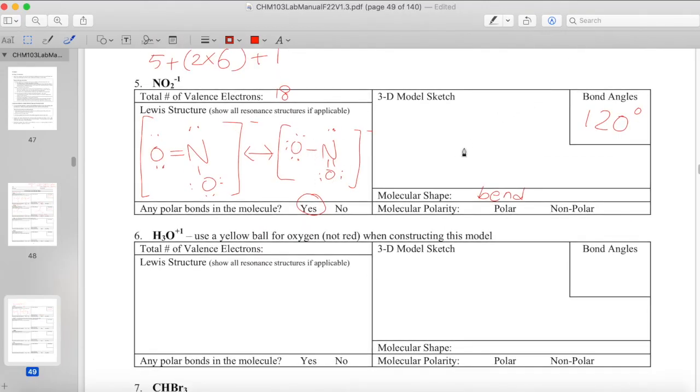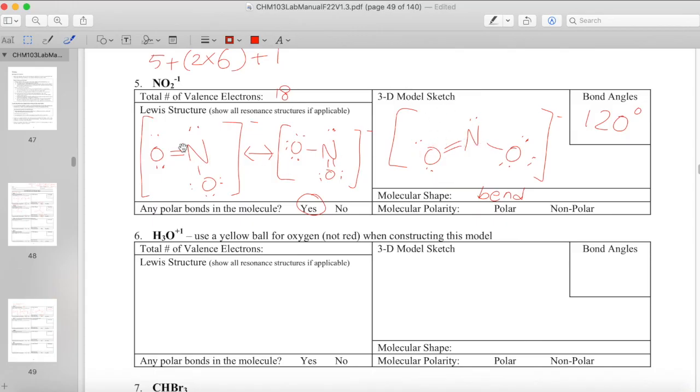Okay, so again, if you want to draw that fancy, you can draw that out here. So you can show the two lone pairs there, three lone pairs in this guy. And again, this is just one of the resonance structures, but that's what that looks like. Again, if you have room to draw this and you want to, feel free to. But since this is still going to be essentially flat, a 3D model sketch isn't really telling us too much.